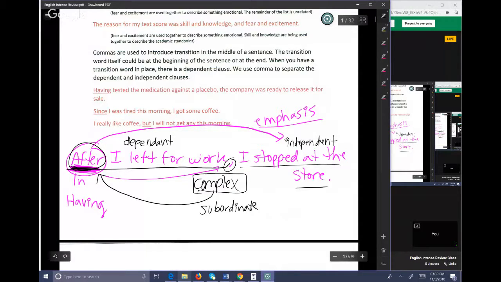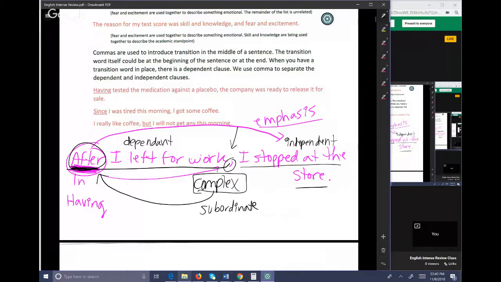So now we can begin to think about the fact that a complex sentence will always have this type of structure, and it will always have this type of punctuation. So there's very few instances where you could use a subordinate conjunction and not wind up having a comma in between a dependent and an independent clause.